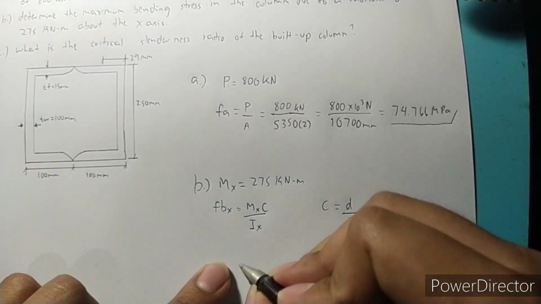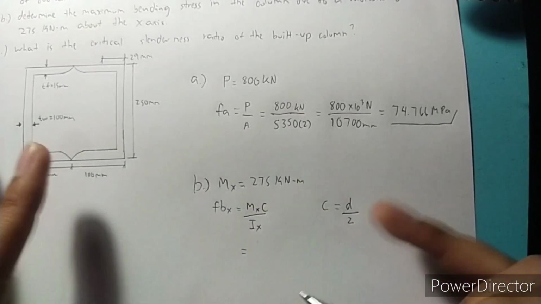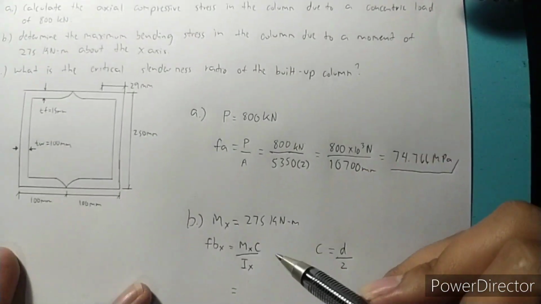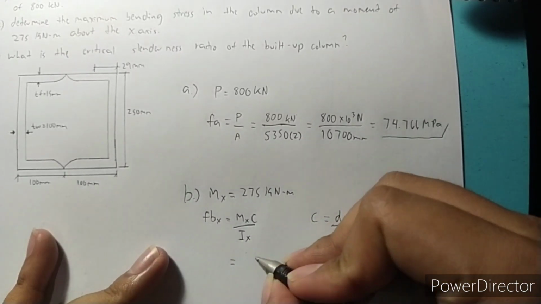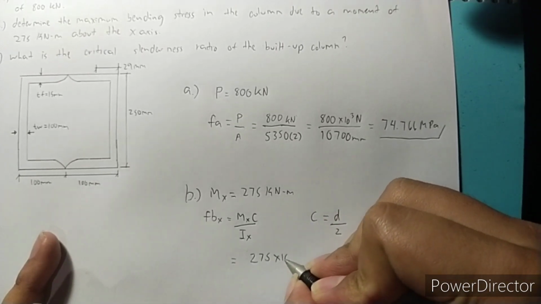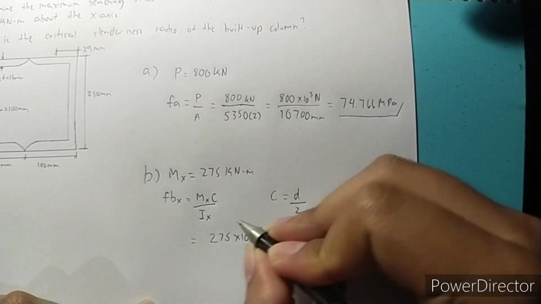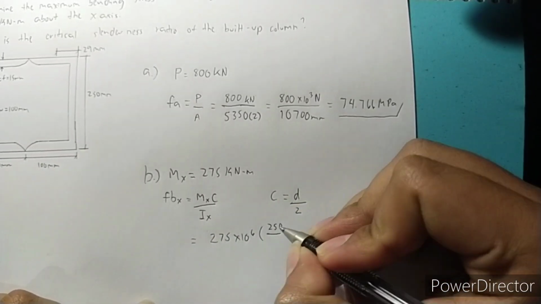So, substitute na natin. Dahil naka-kilonewton to, gawin natin siyang newton para mas madali siyang i-compute. So, gawin na natin na 275 times 10 raised to 6. Multiply natin sa C. Yung D natin, yung depth natin is 250 over 2.